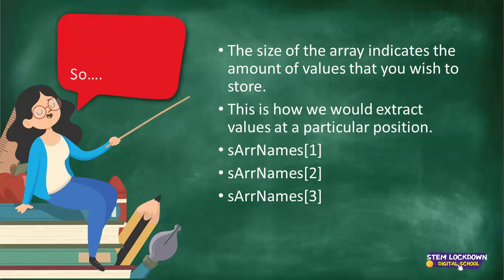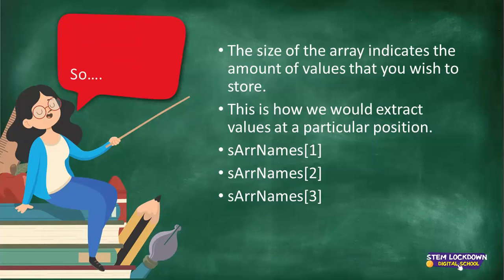Remember, it is not the same as a variable. An array is different because it stores, and you're probably saying, this guy is going on and on about storing multiple values, but that is essentially what an array is. It is able to store multiple values using positioning as a guide.